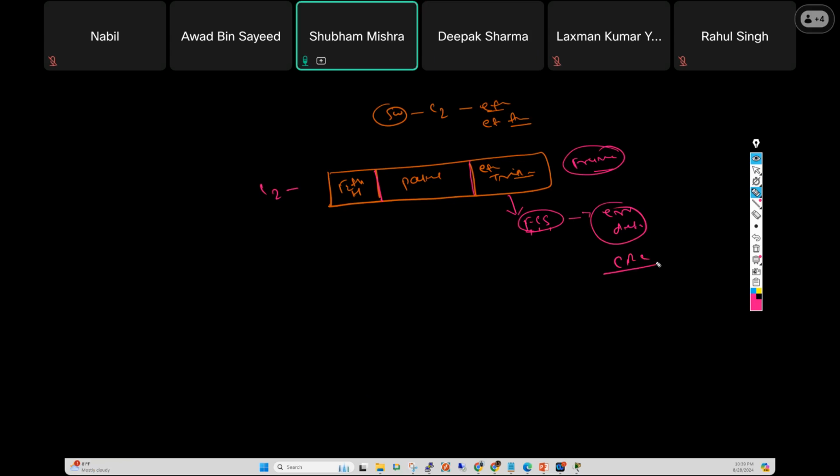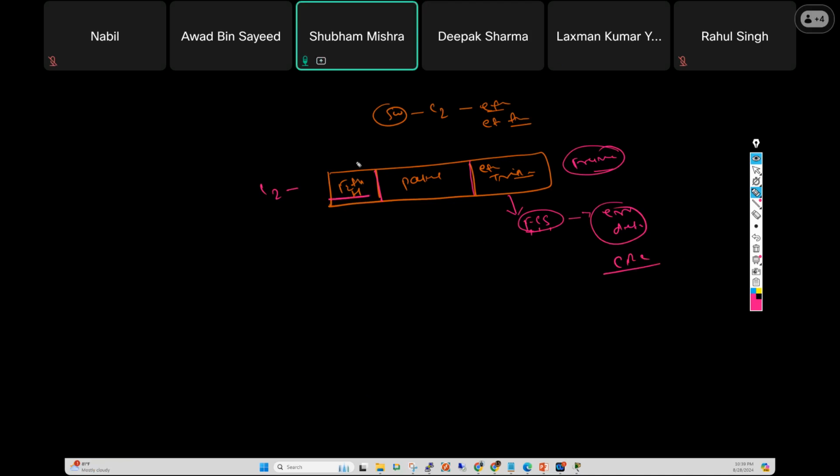The device runs the CRC algorithm and finds one number. At the destination end, that device also runs the same algorithm and finds the number. If both numbers match, your destination device will accept that packet. Otherwise, no.